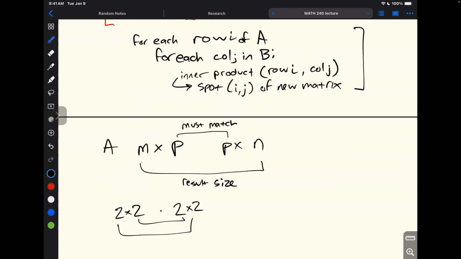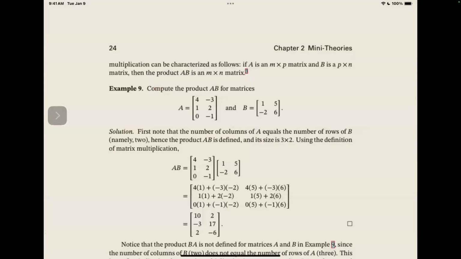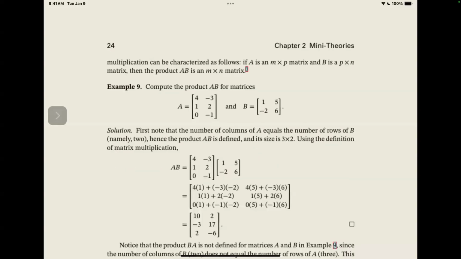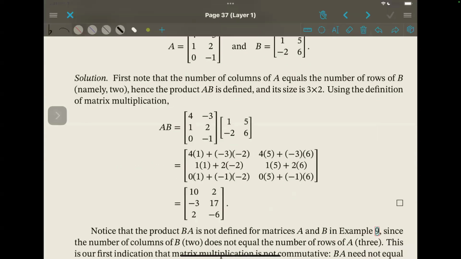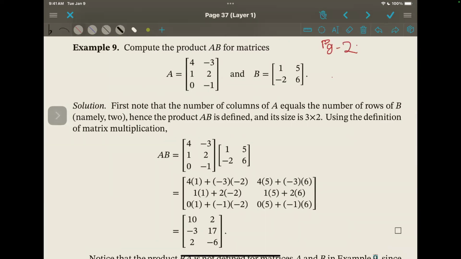Other questions? Okay. So let me double check. All right, so we've got a little bit of time. Let's look at example 9, on page 24.